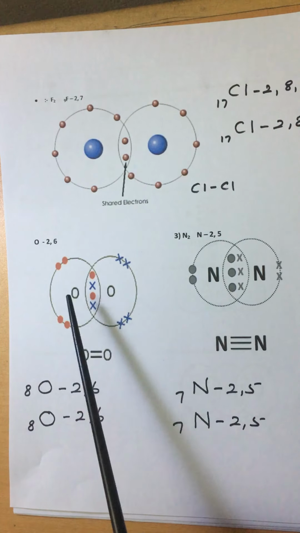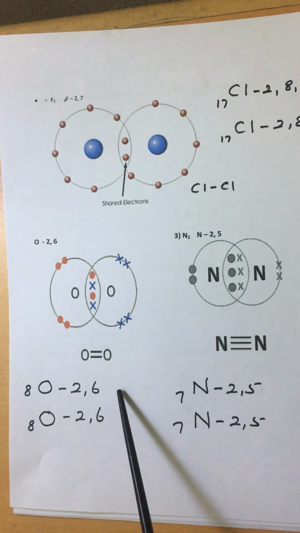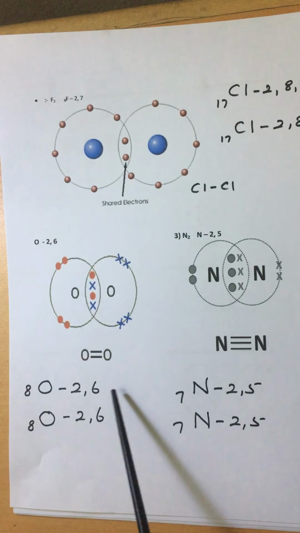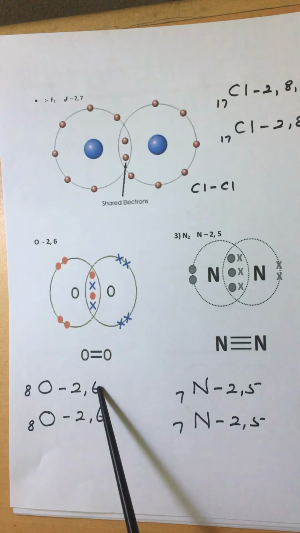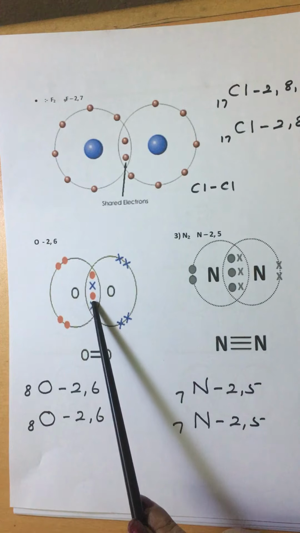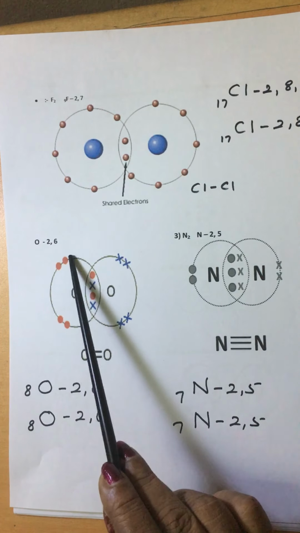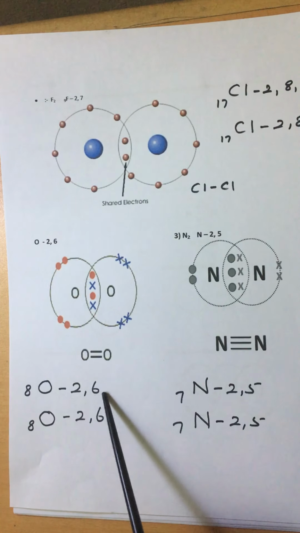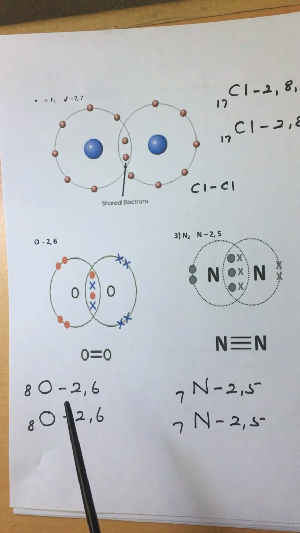The oxygen has 6 electrons, and since it needs 2 more, it has to give 2 electrons out of 6 to share, to get 2 more electrons from the other atom.